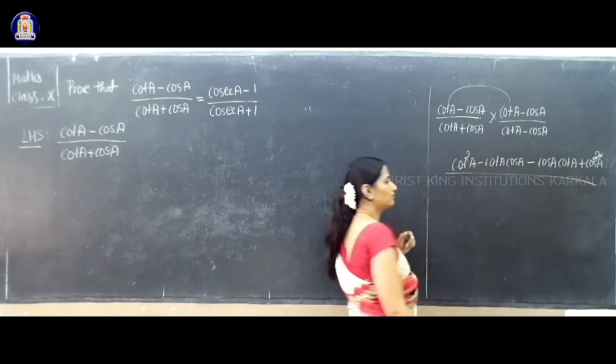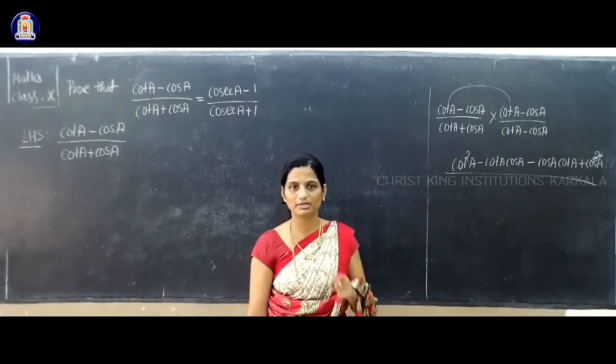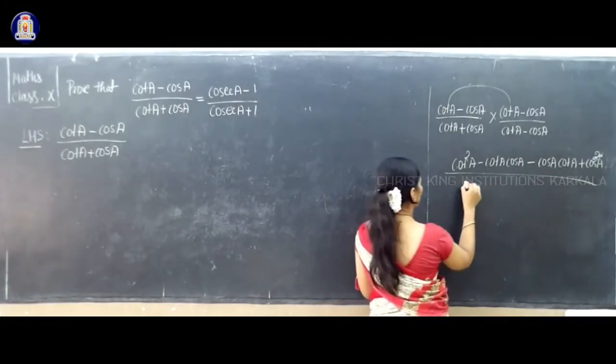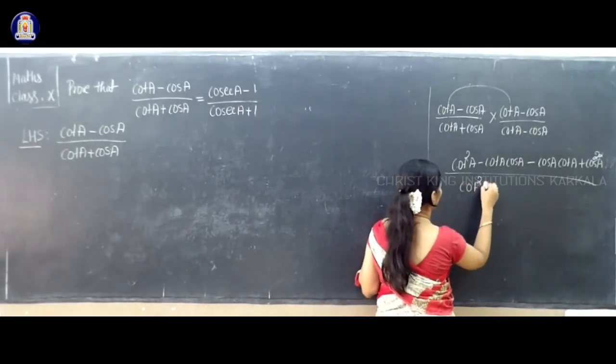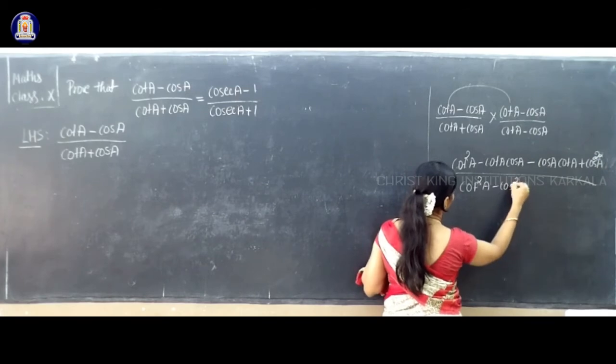Divided by the denominator. After rationalization your method is (A plus B)(A minus B), so it is cot square A minus cos square A.